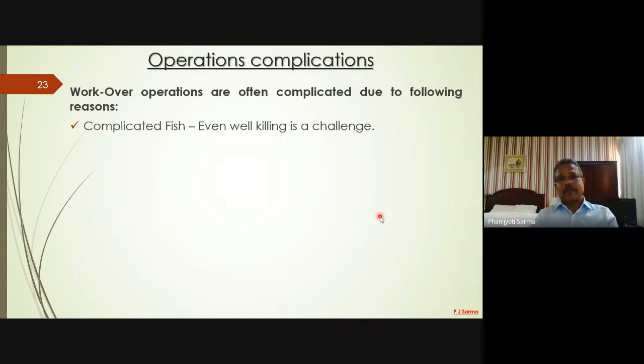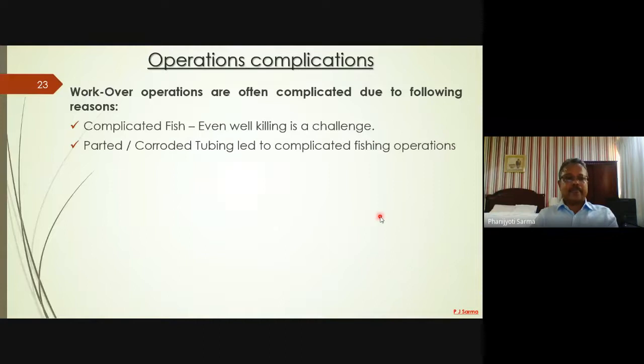So well kill is a challenge. You know that in order to do the workover operation, the well needs to be killed. Sometimes because of the complicated fish, even the killing is a challenge. Parted tubing and corroded tubing lead to complicated fishing operations.